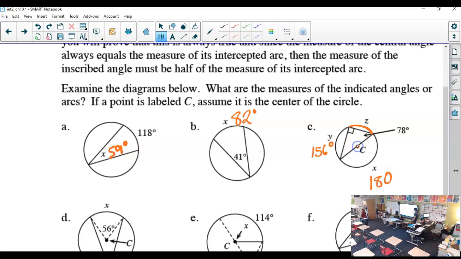The diameter is always going to have 180. Any line with the center has to. So what is z then? It's 180 minus 156, which is 24. Also, there's 12 degrees left over, so this would be 12, meaning this is 24.